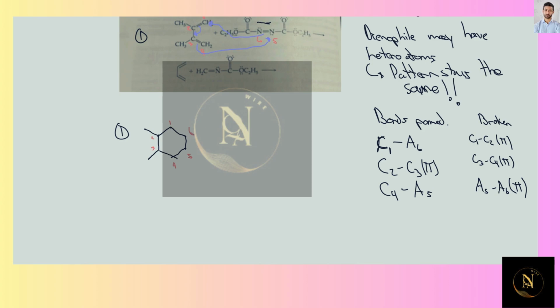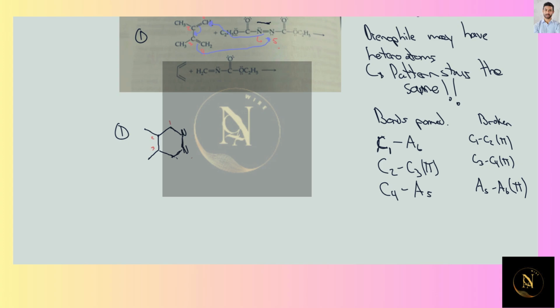So for example, in this case, in positions 5 and 6, we should have nitrogen atoms. So let's add them here, nitrogen and nitrogen. We had initially a double bond, which is going to be broken. So now we're going to get a single bond in between these two guys. And then we just need to complete the structure with whatever we have left.